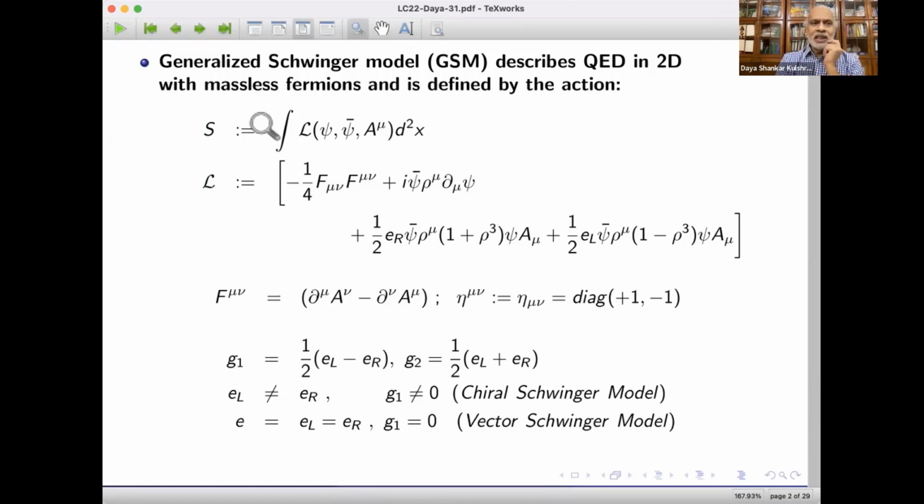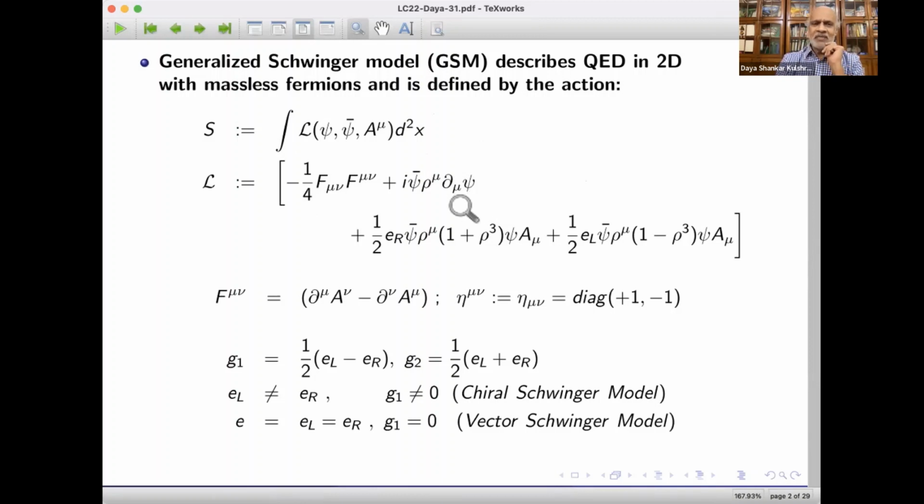So here you see the action is defined in terms of some Lagrangian density, which is a function of some spinor field psi bar, and the vector field A mu. This is just the kinetic energy of the vector field, the U1 gauge field. And this is the famous Dirac Lagrangian.